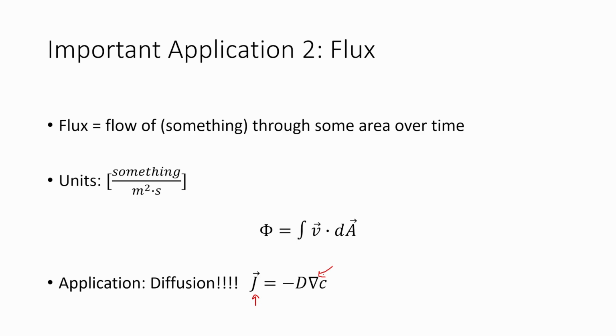And so we have this direct proportionality between the gradient of the concentration telling us the direction where concentration changes the fastest. That tells us the direction of the flux at that location. Particles are going to go to where they can, as quickly as possible, decrease the concentration where they are. And that's this J vector, that flux of particles.